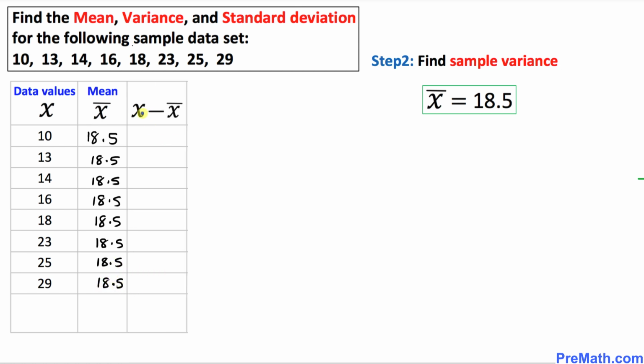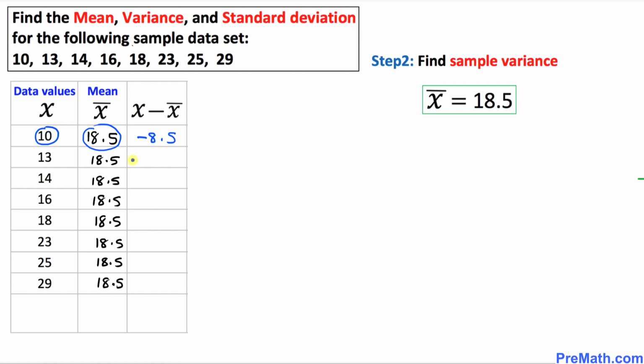And here in our third column, we're going to be calculating x minus x bar, the difference. That means x is this value minus x bar is this value. If we subtract this one, that is going to give us 10 minus 18.5, which is negative 8.5.